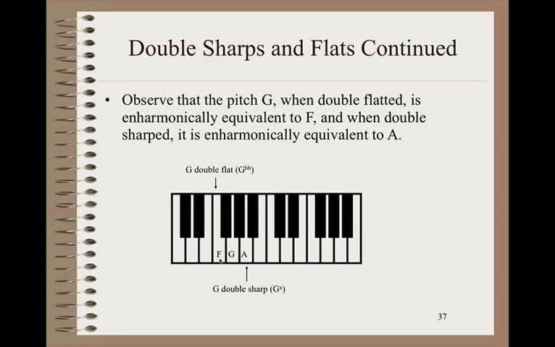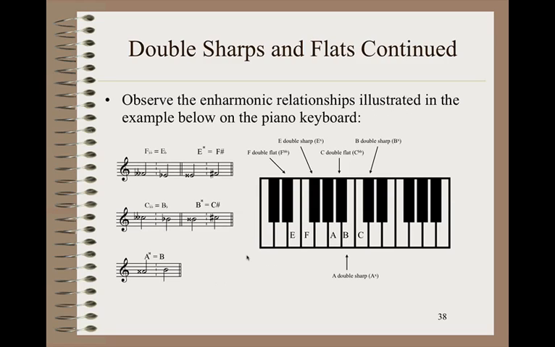Even though it's an F, we could also call it a G double flat. Or for instance, this A here could also be called G double sharp. G, G sharp, G double sharp. So that's another example of how double sharps and double flats are used.